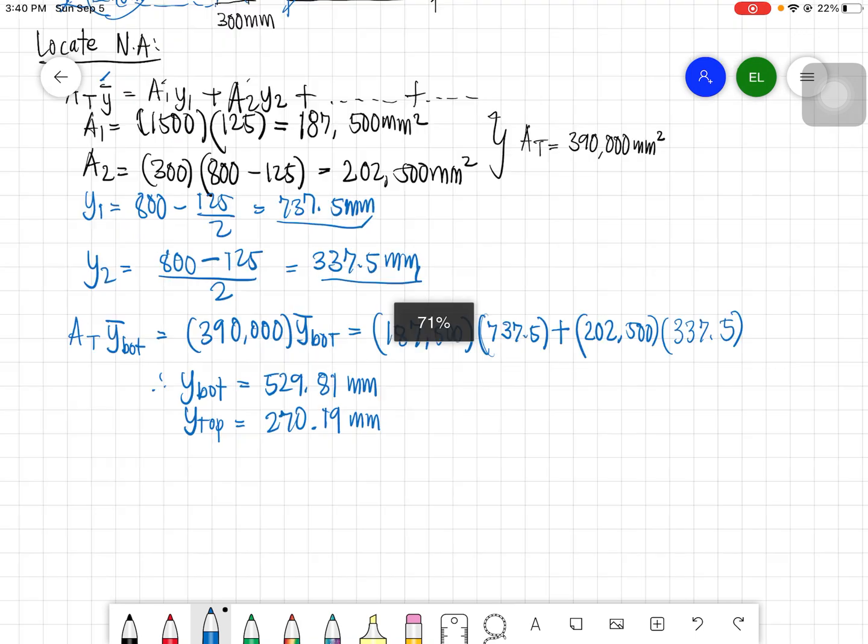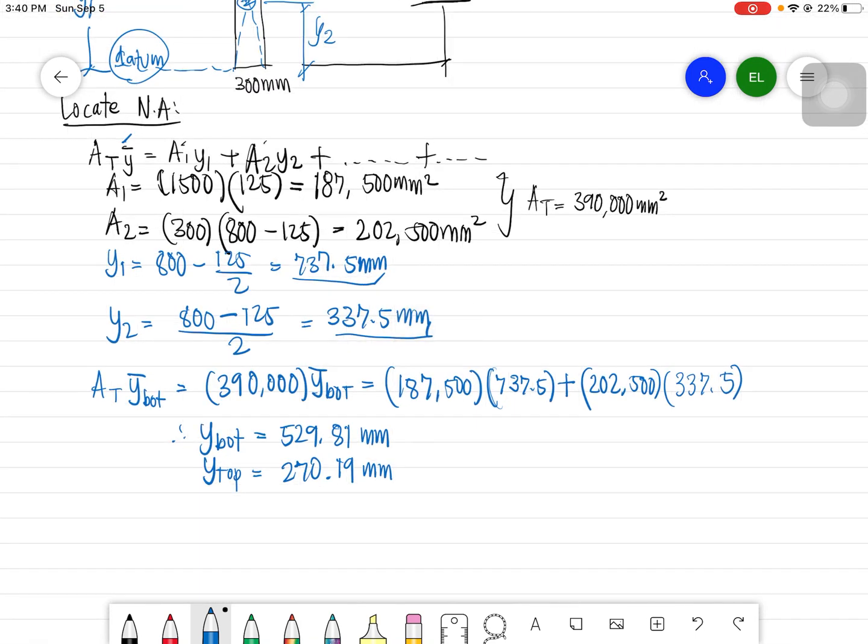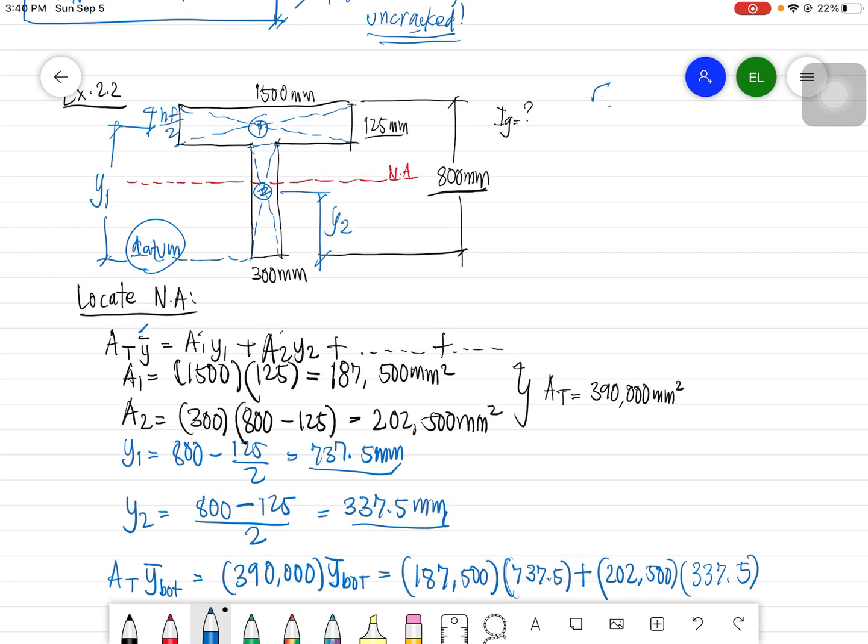Just simply deduct the y bottom from the total height of 800. This is our y bottom, then this portion here is our y top.